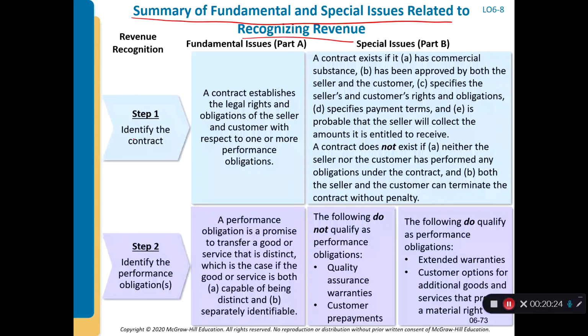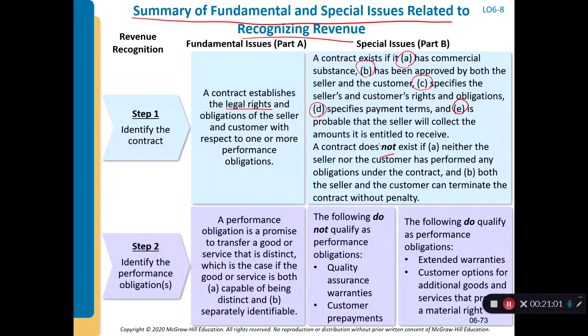Step 1 is called identify the contract, and the fundamental issue is that a contract establishes the legal rights and obligations for the seller and the customer with respect to one or more performance obligations. The complication is that we need to consider the contract exists if it has commercial substance, has been approved by both parties, specifies the seller's and the customer's rights and obligations and the payment terms, and it's probable that the seller will collect the amount it is entitled to receive, right?